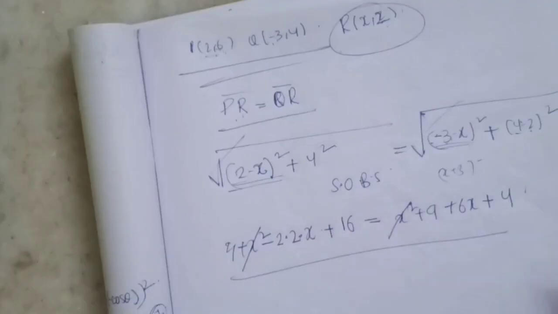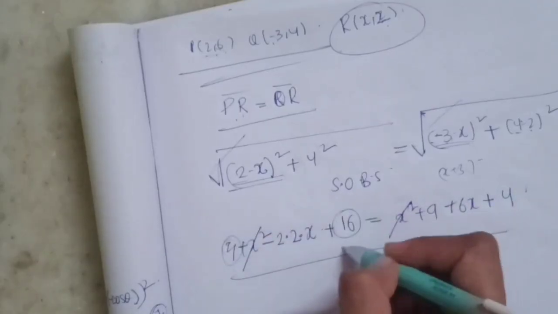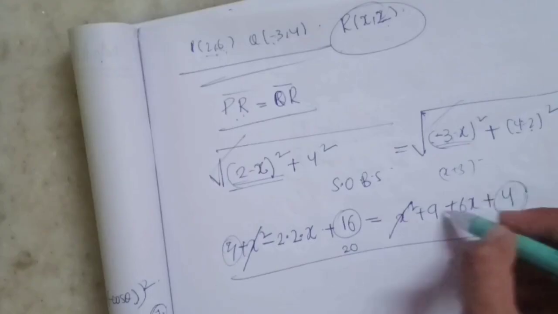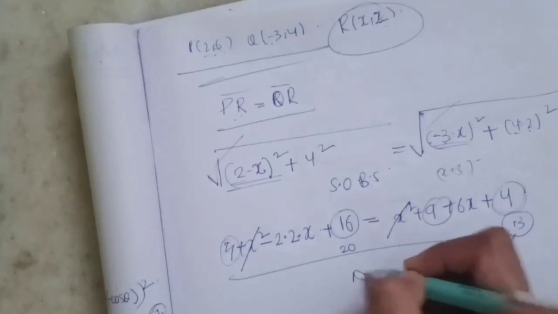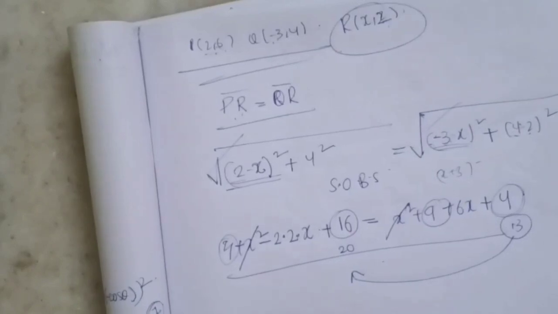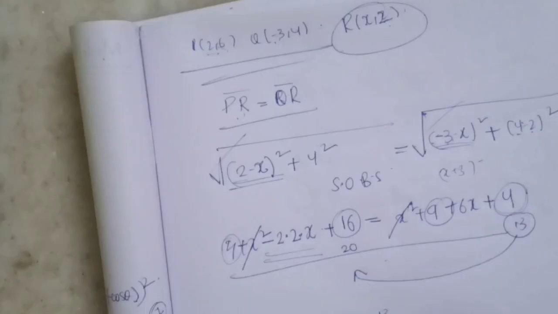X square gets cancelled, right? And this becomes 20 and this becomes 13. So send this 13 to this side, plus 13 becomes minus 13. So here minus 4x plus 20 minus 13 is equal to 6x.